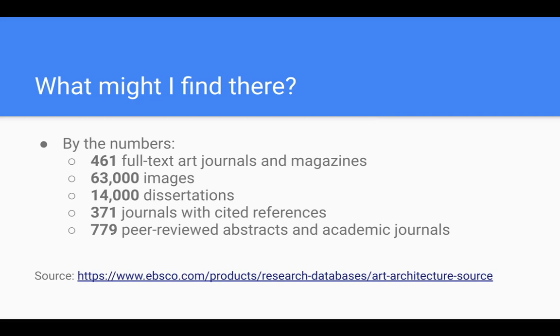By the numbers, just to communicate to you the breadth of content you will find on this database, Art and Architecture Source has 461 full-text art journals and magazines, about 63,000 images, 14,000 art-related dissertations, 371 art-related journals with cited references, and 779 peer-reviewed abstracts and academic journals.